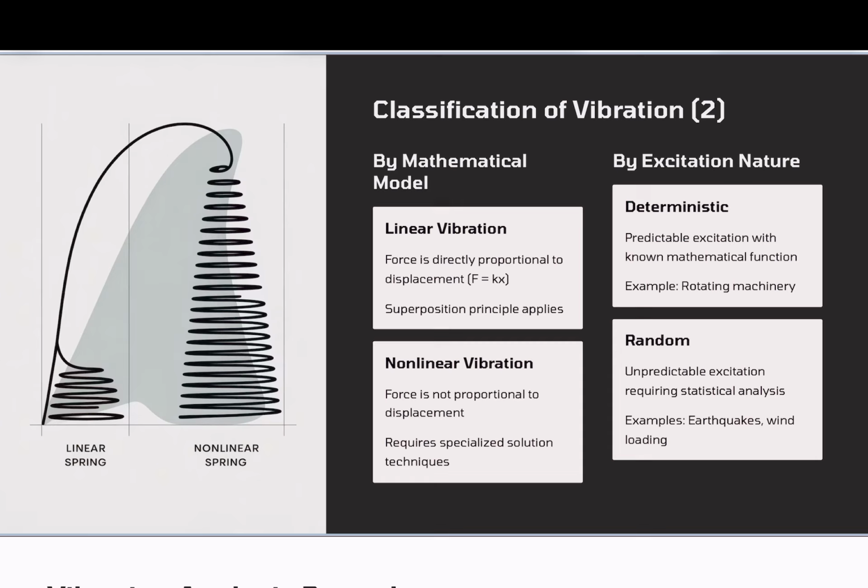Deterministic excitation: if the external force or input is predictable and can be expressed with a known mathematical function, it's called deterministic. Example: rotating machinery, which vibrates in a periodic and predictable way.